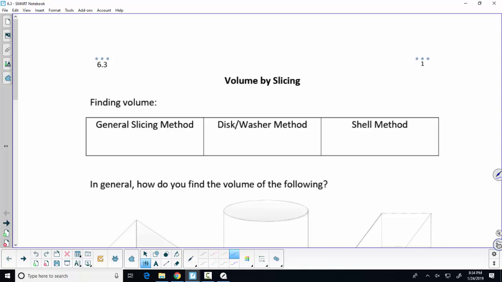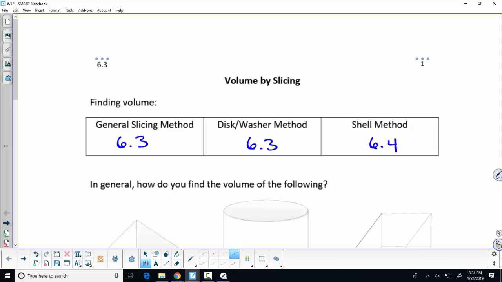So what we're starting to look at here is volumes. How can we compute a volume with an integral? So we're looking at the general slicing method, starting off 6.3. The disk washer method is also in 6.3, and the shell method is in 6.4.